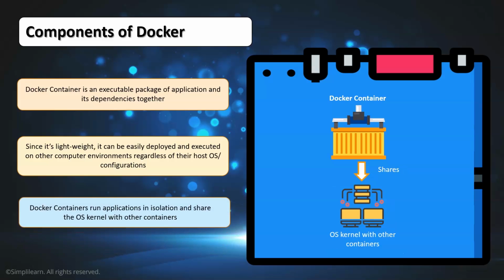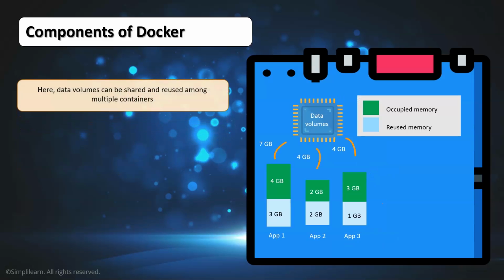Docker containers can run in total isolation, just like a virtual machine. So there is no interaction or interference. They share the OS kernel, but they don't have the interface as such over there. So it works totally in isolation. Two different containers will not have any interaction unless and until we set it up for the containers to interact.